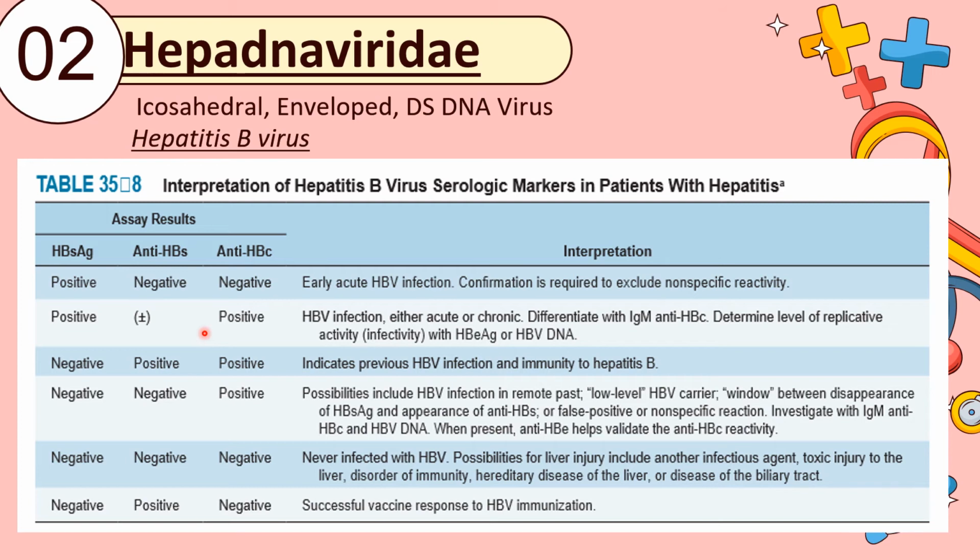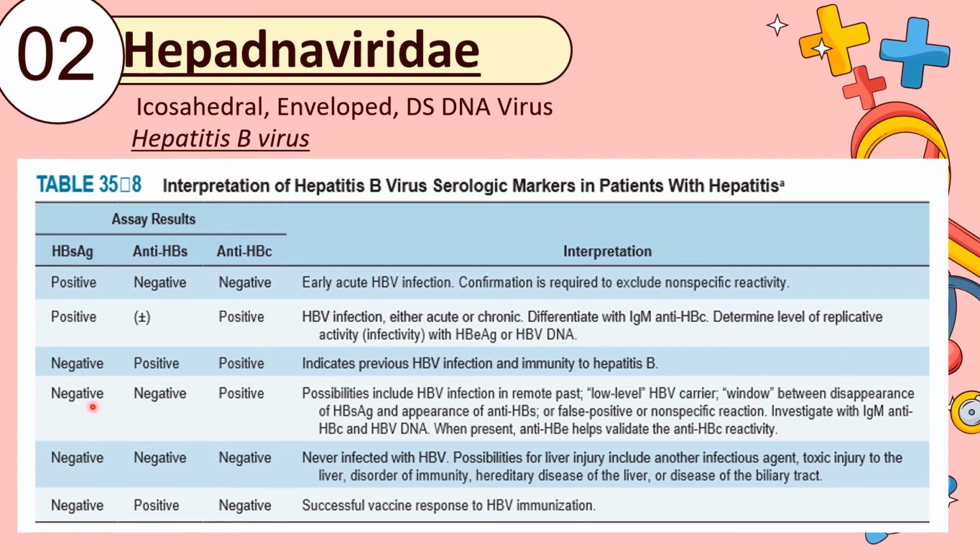Remember again from the previous slide that IgM is indicative of acute or early stages of the infection, while your IgG is indicative of chronic infection. Now, when you have a negative HBs antigen with positive anti-HBs and positive anti-HBc, this could be indicative of previous hepatitis B virus infection and immunity to hepatitis B.